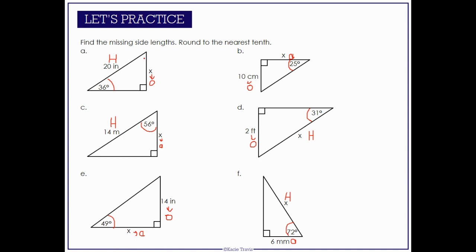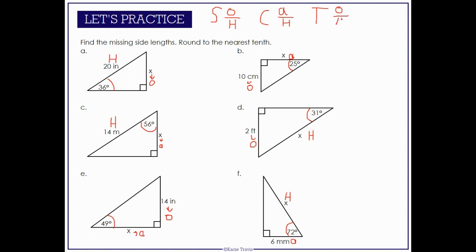Now, based off of the sides they give you, you know which trig ratio we're going to be using, okay? So let's write these up real quick. We got sine, which is opposite over hypotenuse. Then we got cosine, which is adjacent over hypotenuse. Then we got tangent, which is opposite over adjacent.